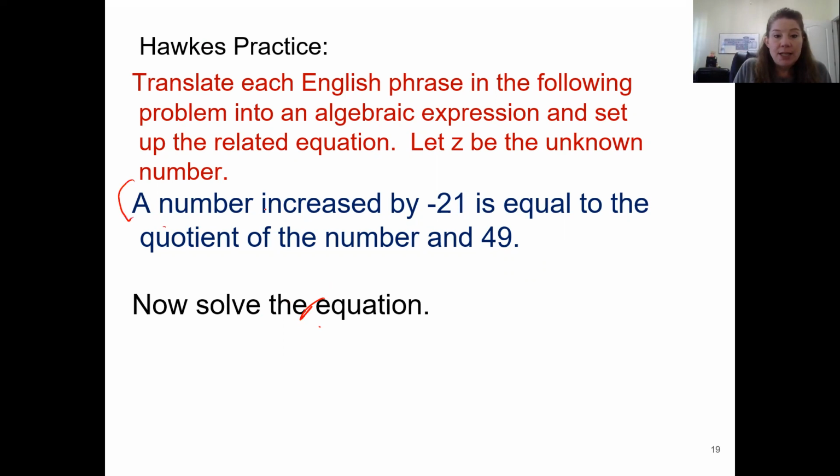A number increased by negative 21, and then here's our equal sign, is equal to the quotient of that number and 49. So the quotient of Z and 49.